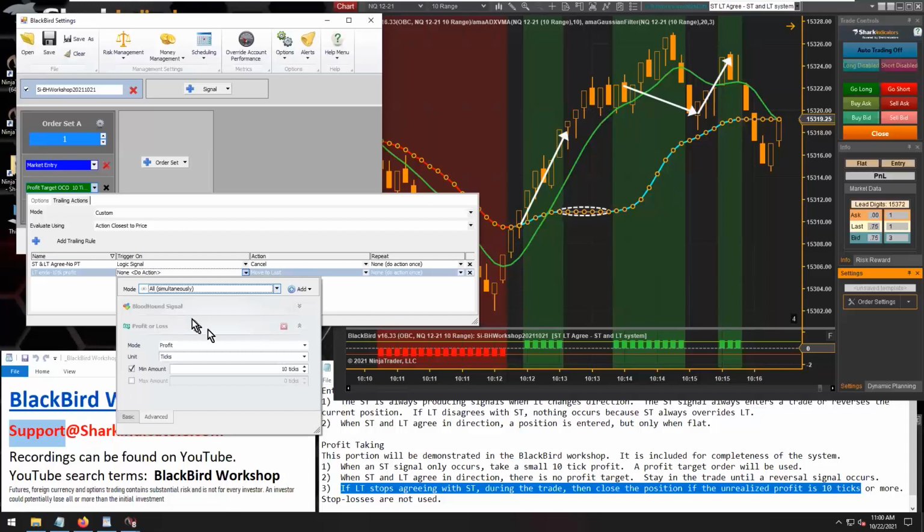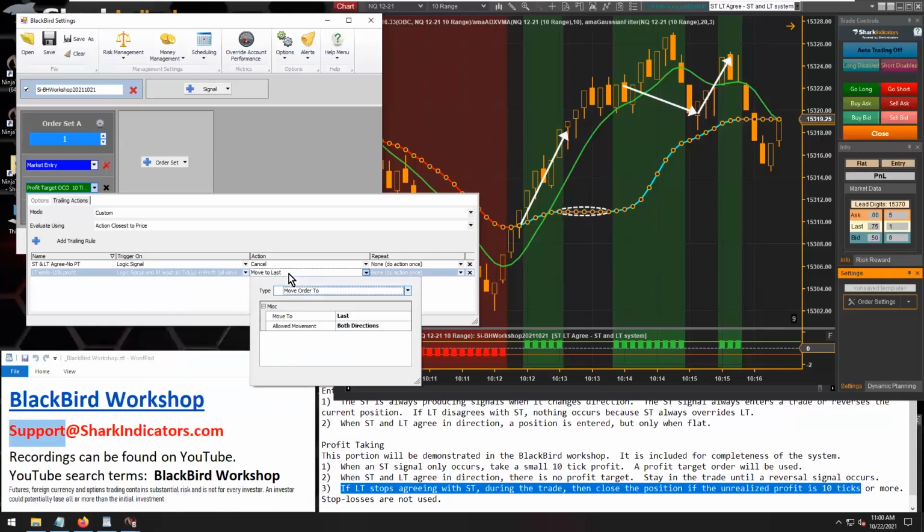So both conditions have to occur together, or simultaneously. All right, so those are our two conditions that we're looking for. And now the action is to flatten the position, flatten the trade out. So there we go.